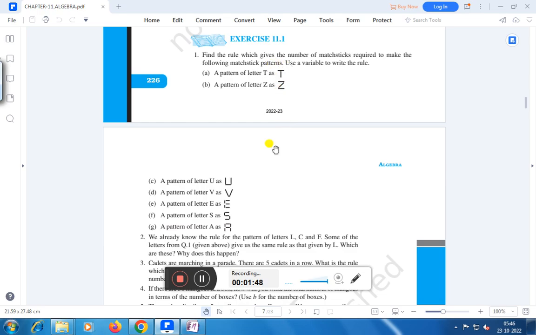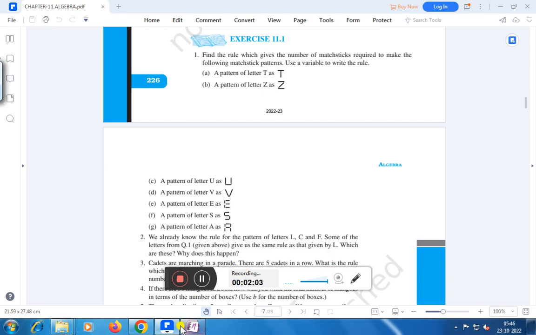There are two matchsticks and also it is the same for V. T and V have the 2n formula for matchsticks, right?